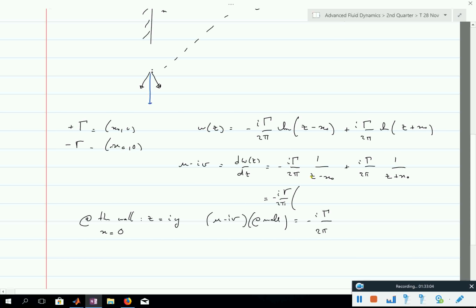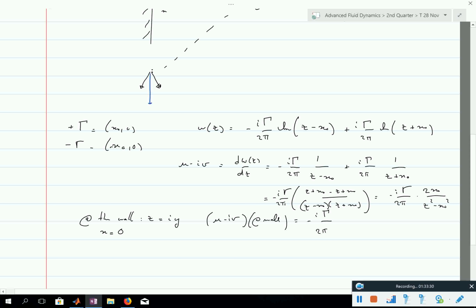So I have this term here: z plus x naught minus z minus x naught. So it's a plus x naught divided by z minus x naught times z plus x naught. In the end you have minus i gamma divided by 2 pi times 2 x naught over z squared minus x naught squared.